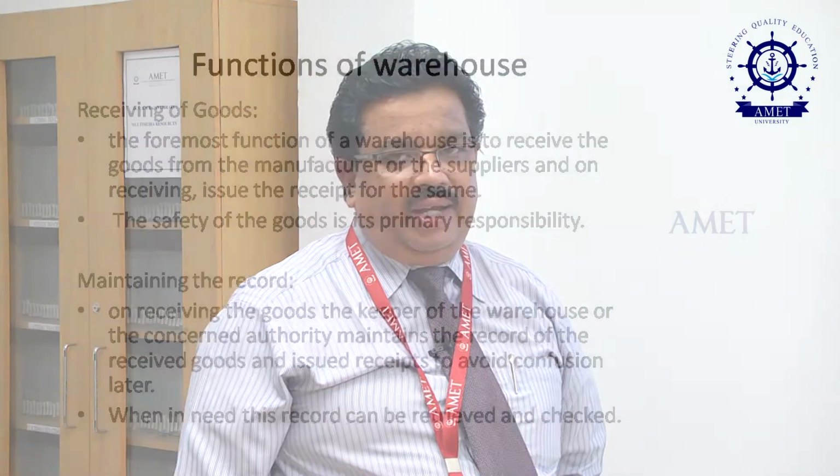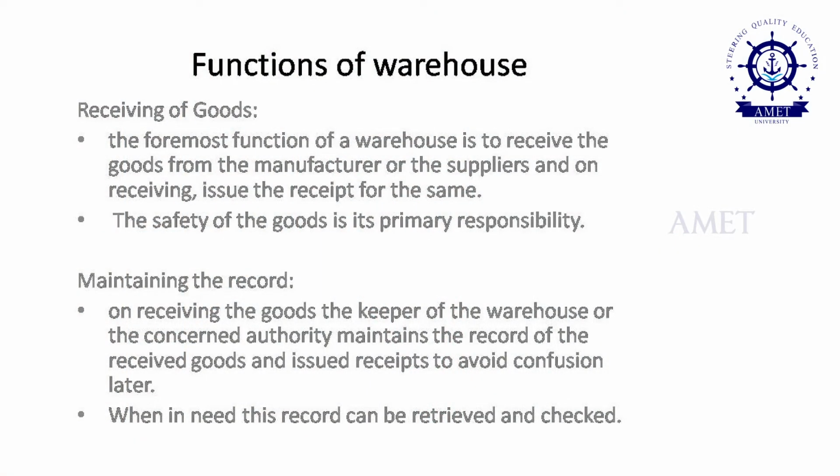The next one is maintaining records. On receiving the goods, the keeper of the house or the concerned authority maintains the record of the received goods and issues a receipt to avoid confusion later. Because in a big warehouse, you can never identify where the product is unless your records are very clear.